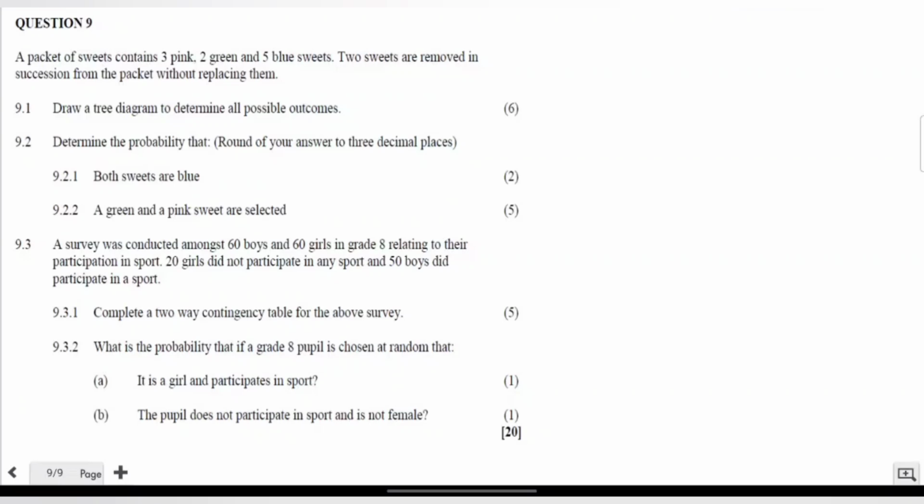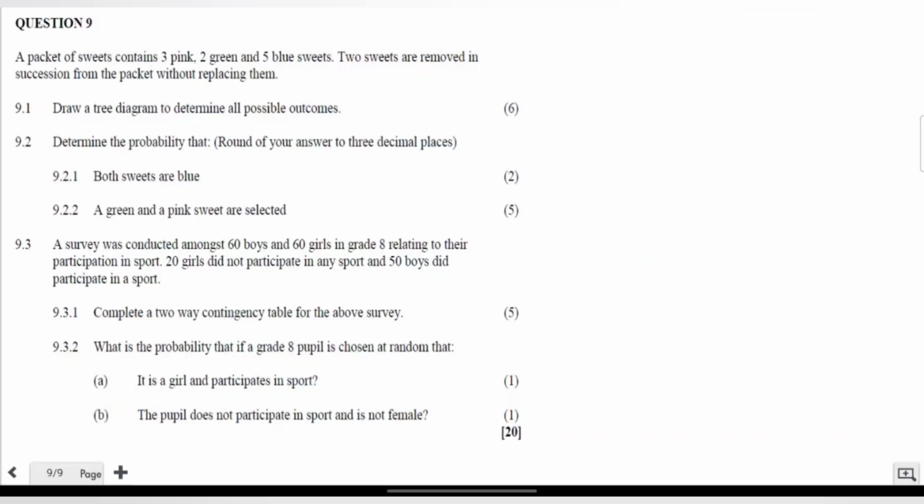Yes. Then you have to pick 2 sweets removed in succession from the packet without replacement. Without replacement means you take one, then that first one will not go back. You have to take the second one. When you go for the second one, the sample space is reduced by 1 because the first one did not go back.